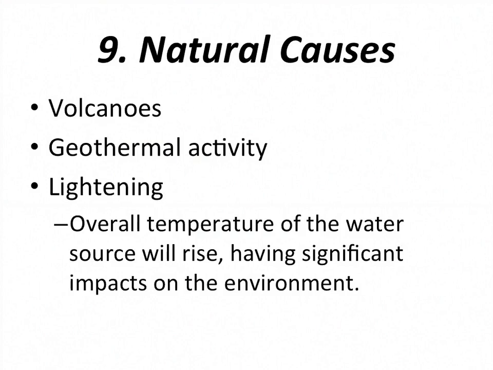Natural causes. Besides all these primary causes of thermal pollution, there are many natural causes, including volcanoes and geothermal activity under the oceans and seas, which can trigger warmer lava to raise the temperature of the water bodies. For example, what is geothermal activity?